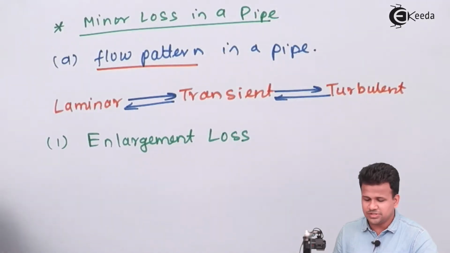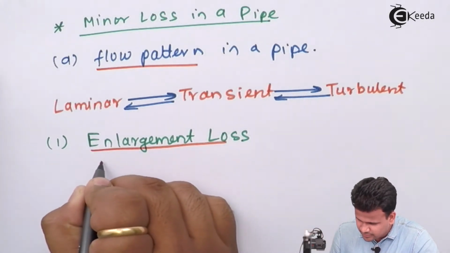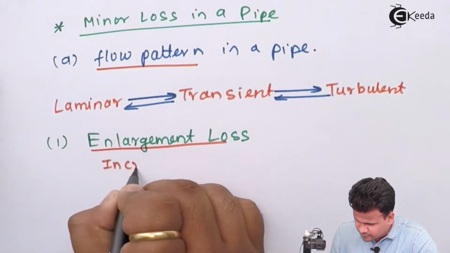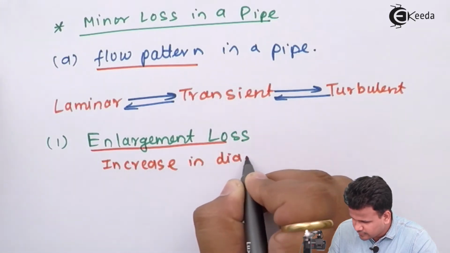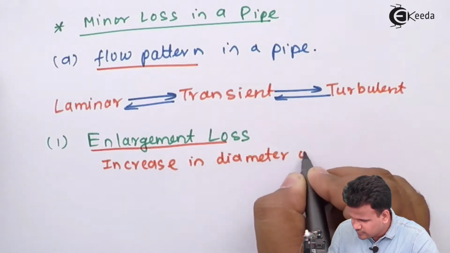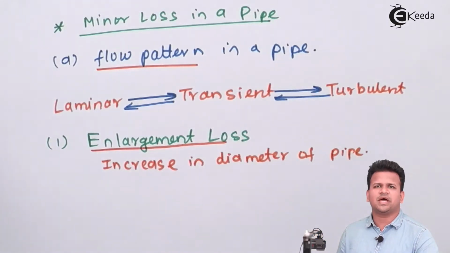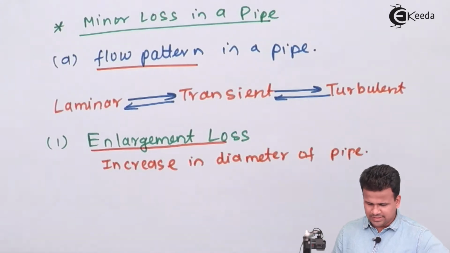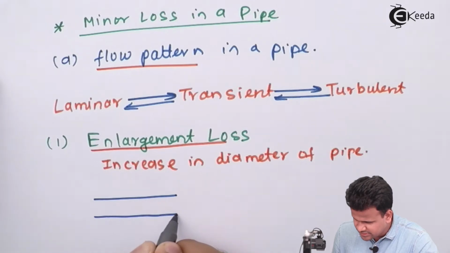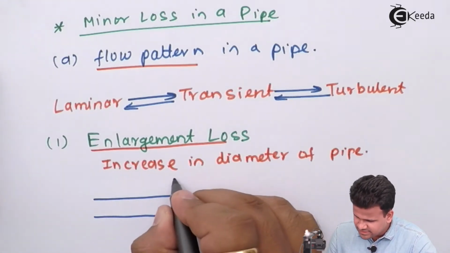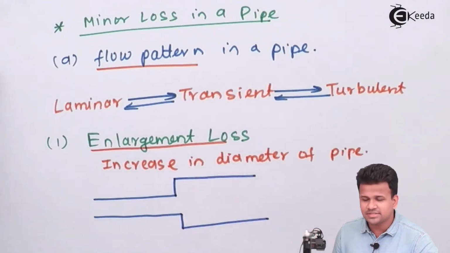Enlargement loss will be a loss where there is increase in diameter of the pipe. So let us consider a pipe having diameter d1. So this is a pipe having diameter d1, and suddenly the diameter of pipe has increased.